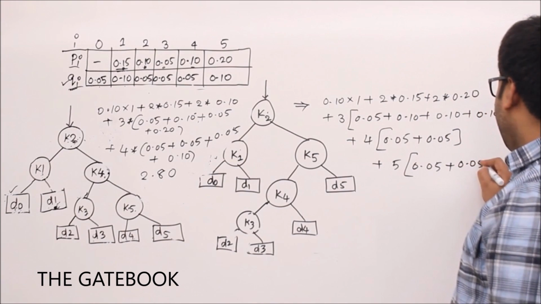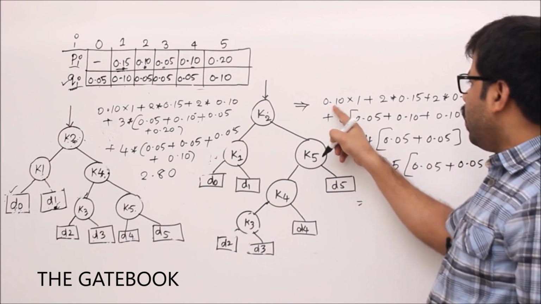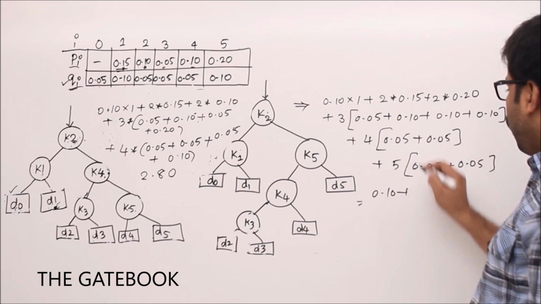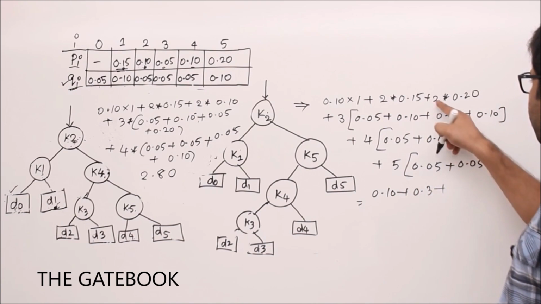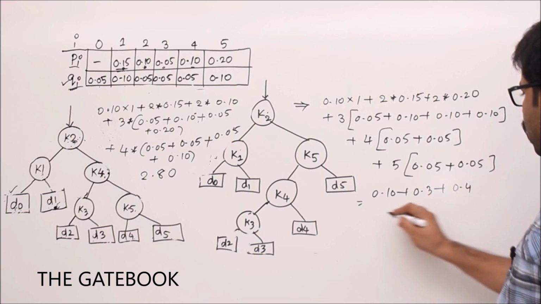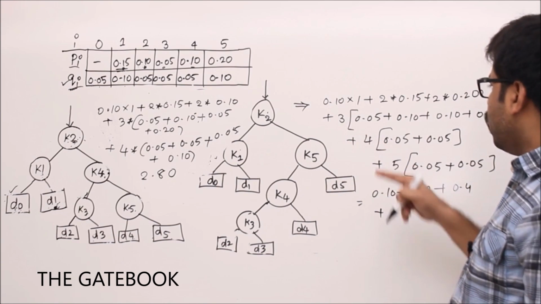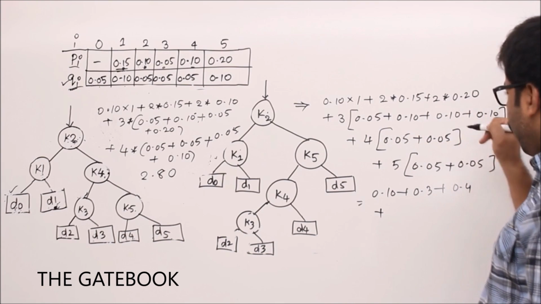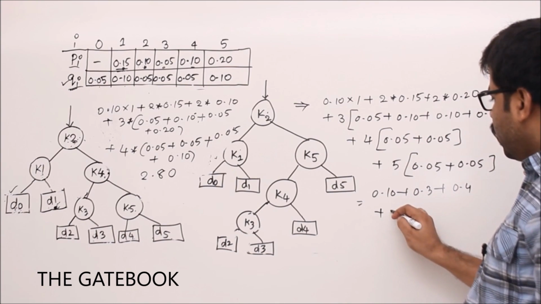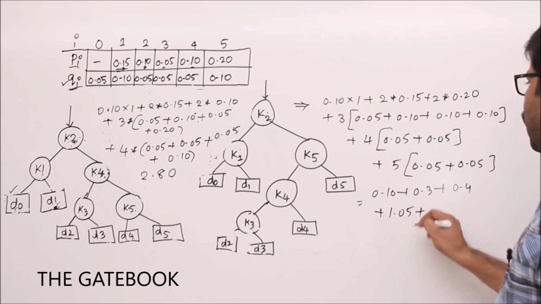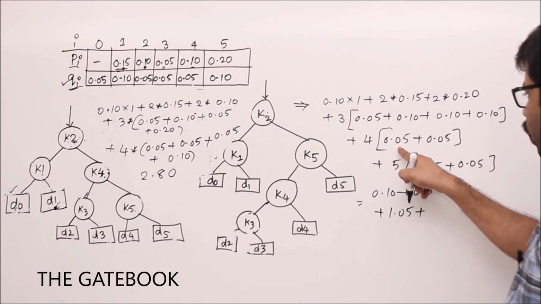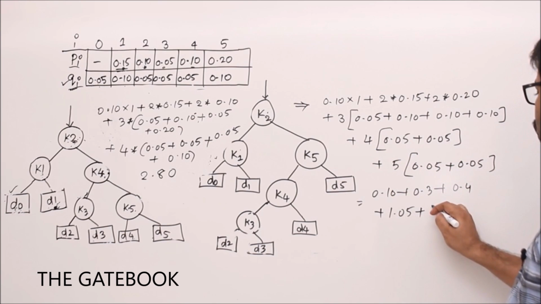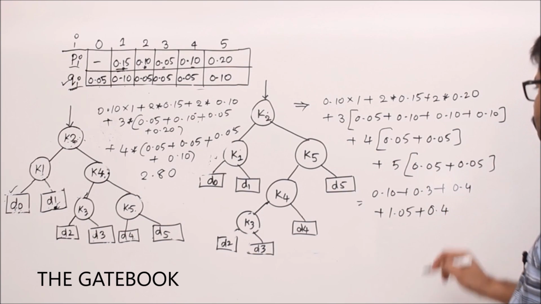Let's simplify this one. It would be 0.10 into 1, 0.10, plus 2 into 0.15 is 0.3, plus 2 into 0.2 is 0.4, plus 3 into 0.05, 5 plus 10, 15, 25, 35, 0.35 into 3, which is 1.05, plus 0.05 into 0.05 is 0.01 into 4, it would be 0.4, right?